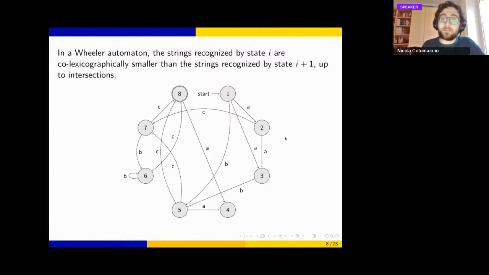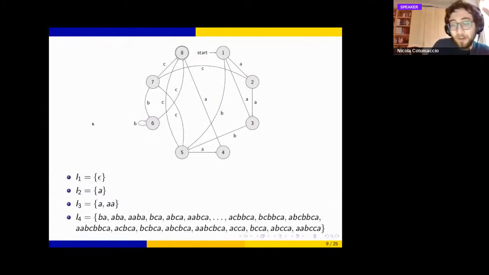Then these sets respect the total order on the states from a lexicographic point of view. This should be a bit clearer if I show this slide. Here I'm just explicitly writing what I just said. So for example, I3 is AA, A, and so on.